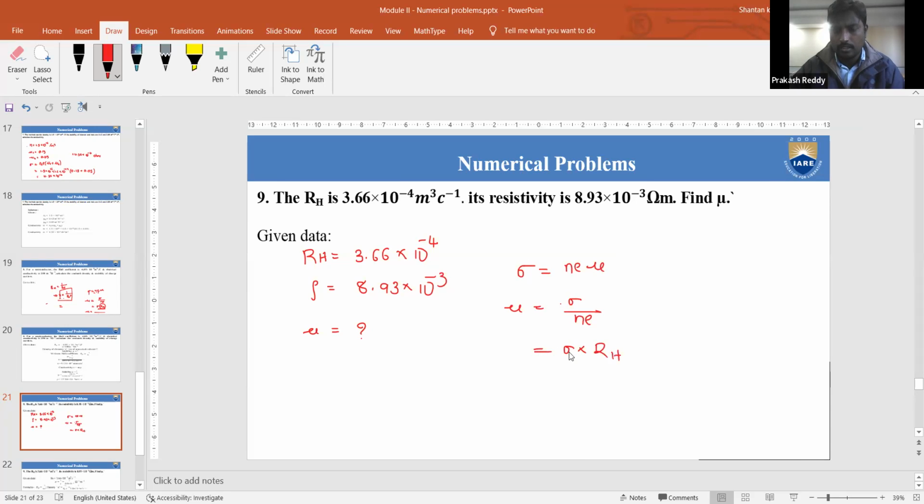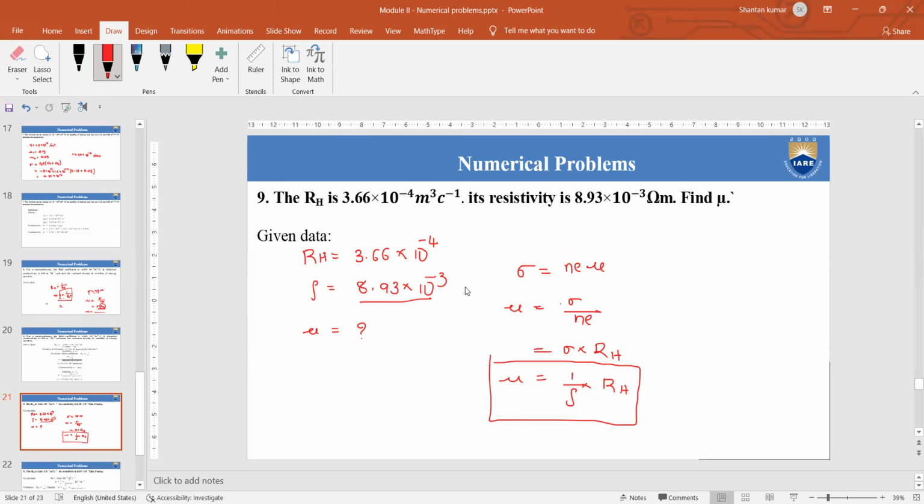Conductivity equals 1 by resistivity, so I'm taking 1 by resistivity into RH. Use this formula and try to find the mobility. Resistivity is 8.93 into 10 power minus 3 and RH is 3.66 into 10 power minus 4.